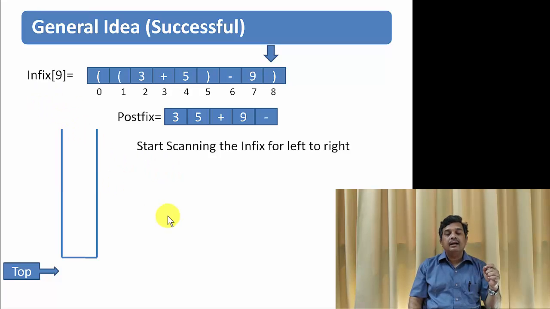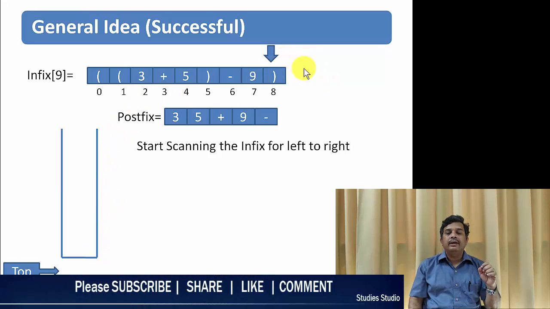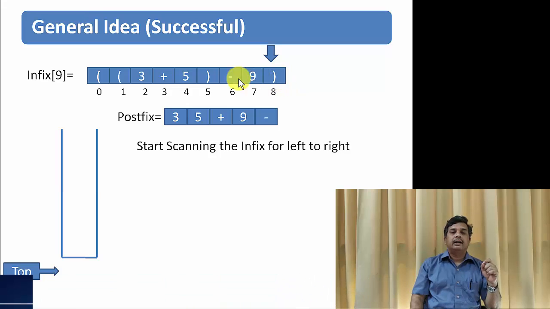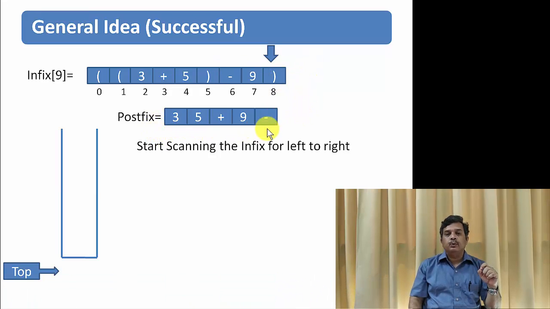And we have to discard the left parenthesis. So now you can see the stack is empty and we reached the last character of this infix expression. So we got this postfix expression like this: 3, 5 plus 9 minus. I hope you understood this.